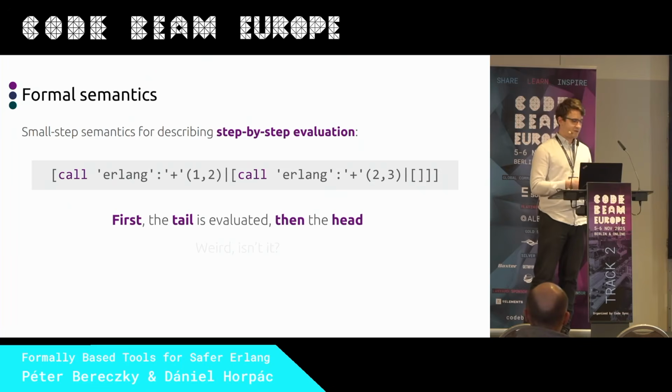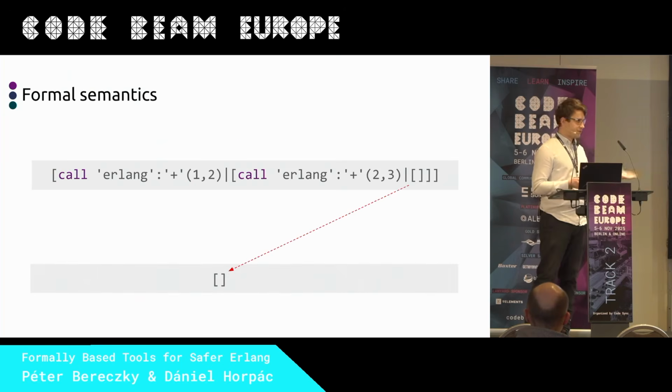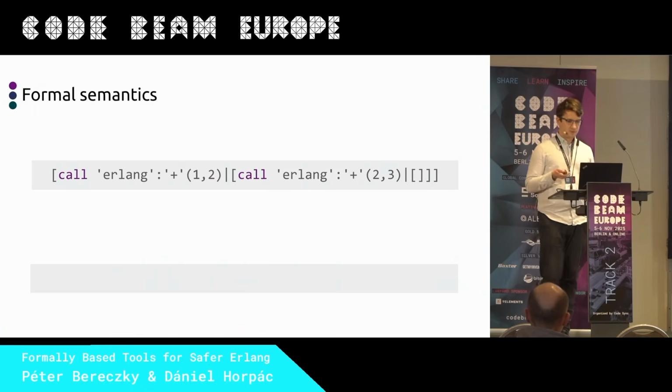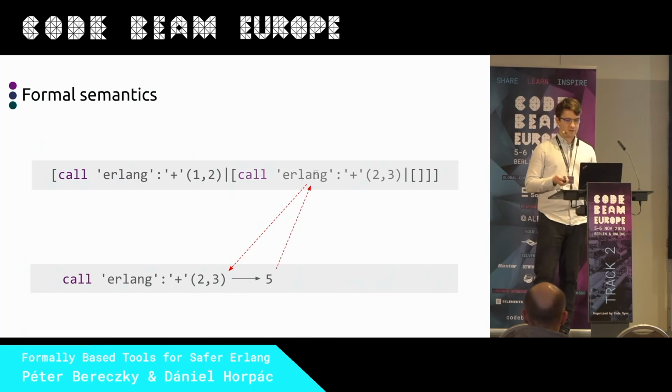We thoroughly checked this issue, and this is what we found. So first, the last part of the list, this empty list, will be evaluated. You extract it, and since it is already in a normal form, it's already a value, you can evaluate it to itself and put it back into the list. Well, nothing really changed at this point. You can take the next expression, you can evaluate it to 5, and then put it back into the second place.